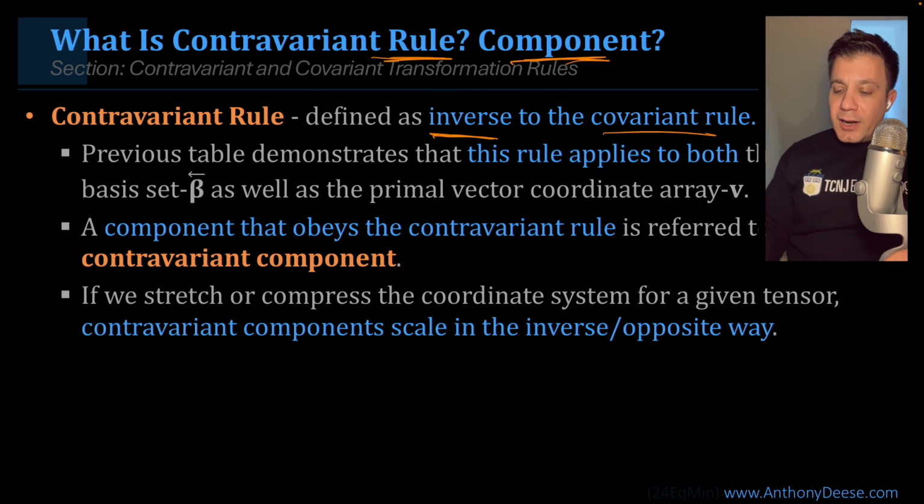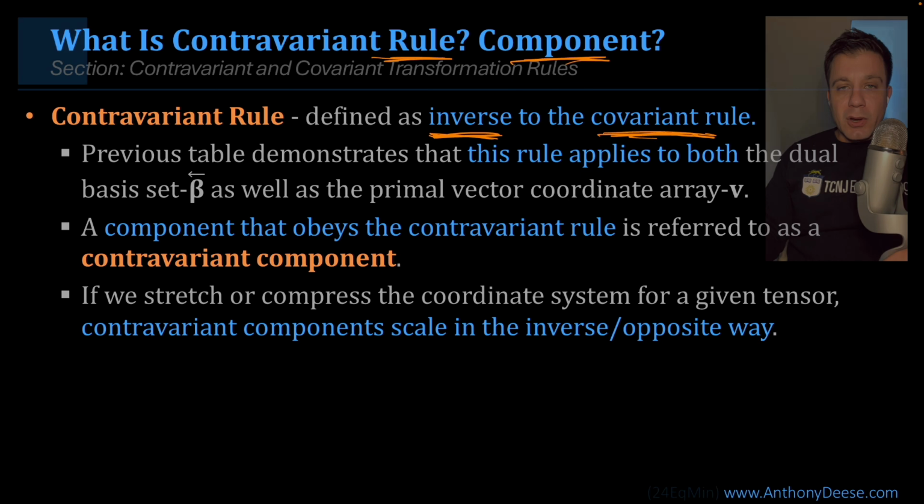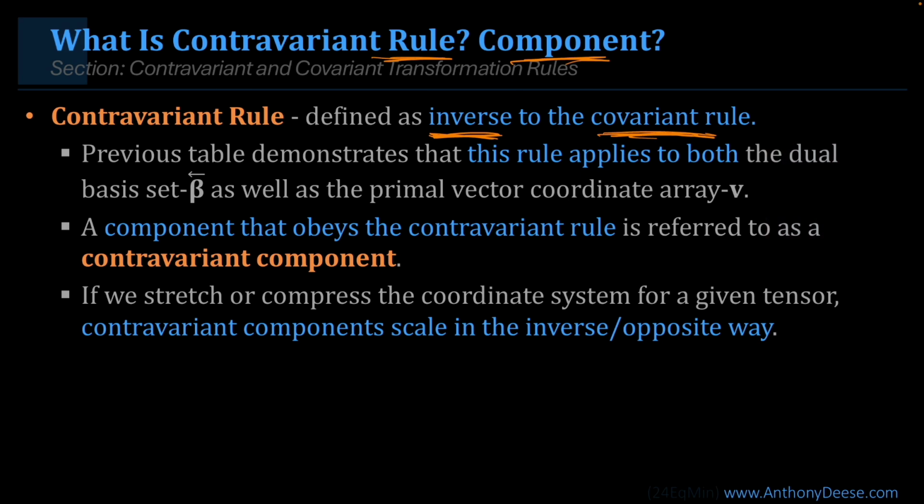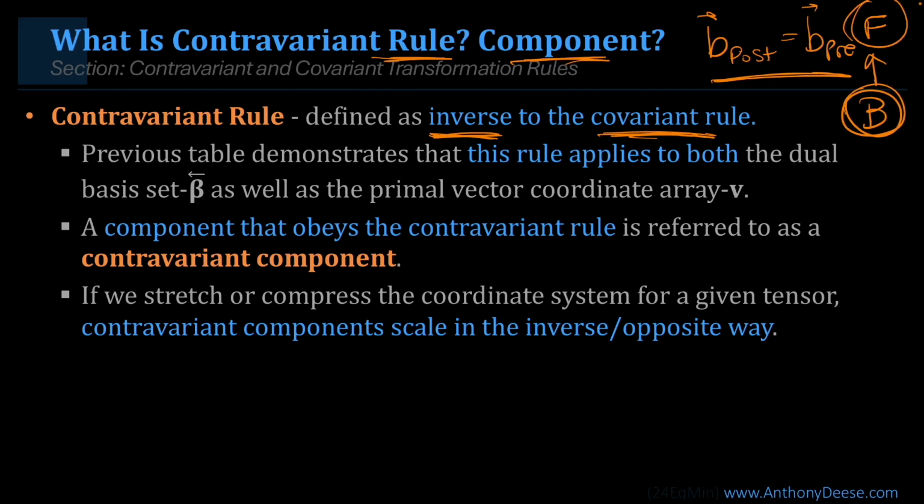Okay, so the contravariant rule is the inverse of the covariant rule. Really, all you have to know is that the covariant rule is defined in terms of how the primal bases are transformed, and anything that's contravariant does the opposite. In other words, you use B here instead of F, where B is the inverse of F.